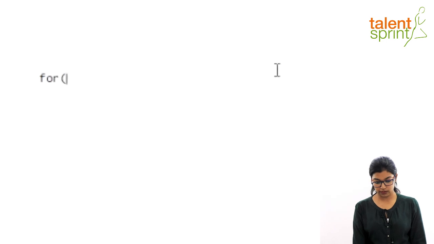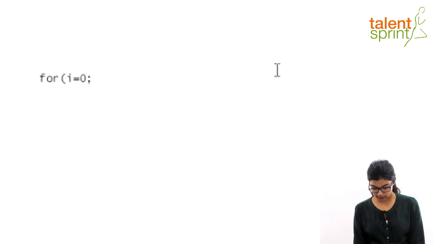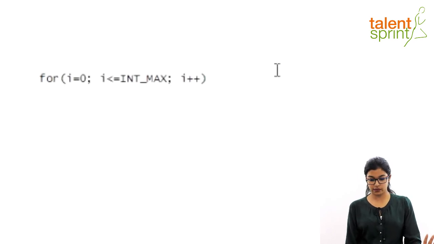There is a for loop: for i equals 0, i less than or equal to INT_MAX. I hope you know what INT_MAX is. If you don't, you can go back and check what INT_MAX does in C++. This is a very basic loop, okay? i equals 0, i less than or equal to INT_MAX.